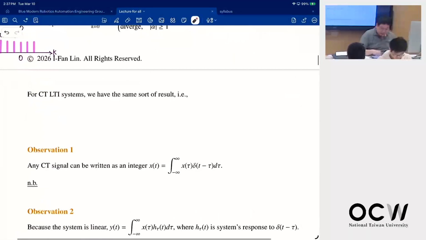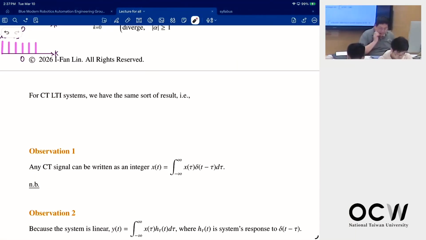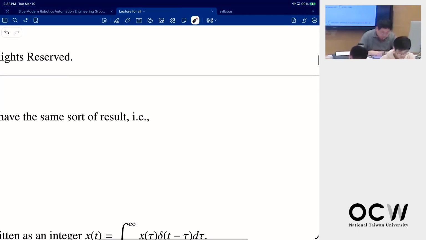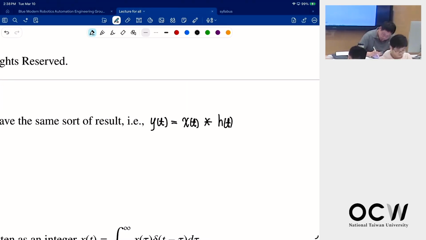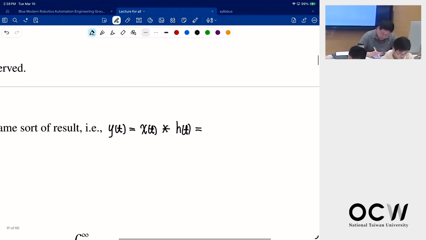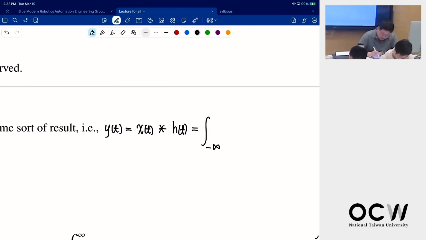Now let's see the continuous time linear time invariant systems. For continuous time, the output is the input convolved with your system: the integral of x(tau) h(t minus tau) d tau.